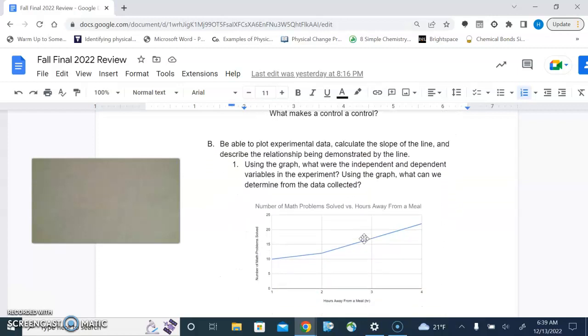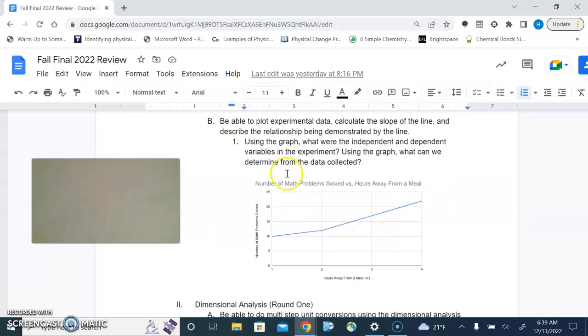We want to be able to look at graphs and kind of have a general idea of what is happening in them. So we want to be able to plot experimental data. Remember that our intervals when we make graphs are always consistent. So if we have to scale this, this is an example, number of math problems solved versus hours away from a meal.